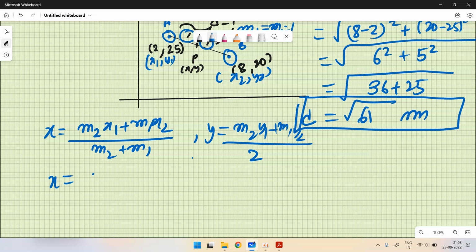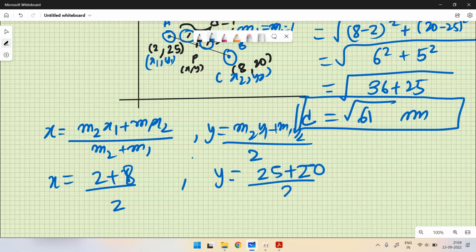So x is x1 plus x2, that is 2 plus 8 by 2, which is 5. And y is y1 plus y2, that is 25 plus 20 by 2.